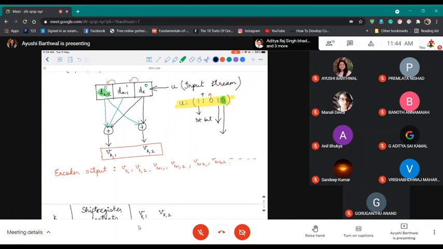So what do we have to do next? Since the last bit was 0, we have to shift this 0 to the next bit. This 1 will be shifted here and the new bit that will be inserted will be zeros, to augment the input stream with zeros. So the new contents of shift registers will now become 0, 0, 1.